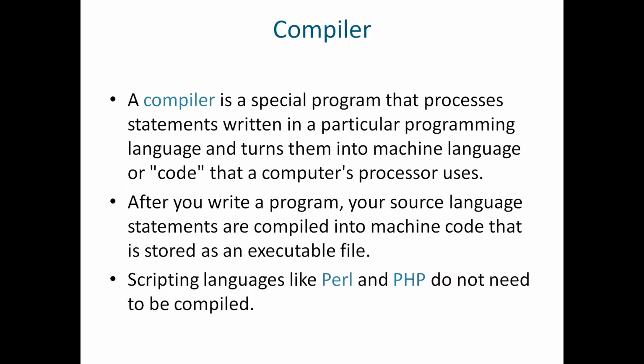So a compiler is simply a special program that is used to convert the high level instructions, that is the user instructions, into a machine language that the computer uses. So after we write a program, our source language statements are compiled into machine code that is stored in an executable file, and the computer's processor is going to execute them.